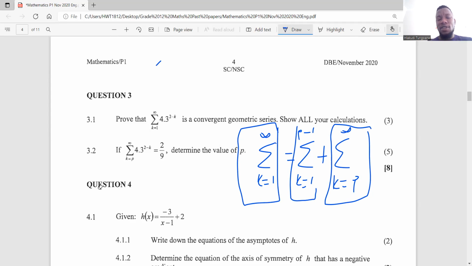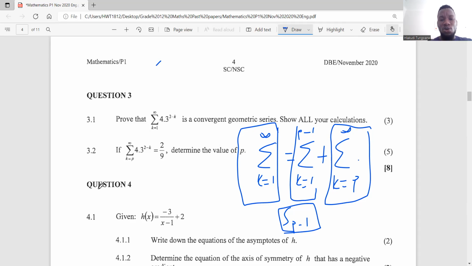To get the value for this one, remember we can use the SN formula for this sequence. That is, essentially, we're summing the first P minus 1 terms for this sequence. If you can get that and combine it with this one.